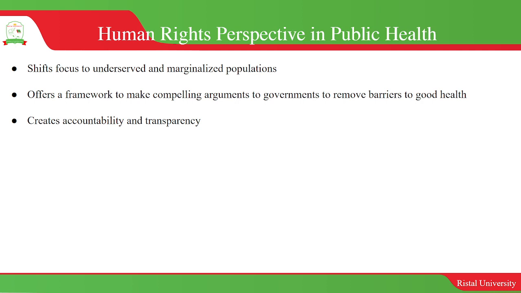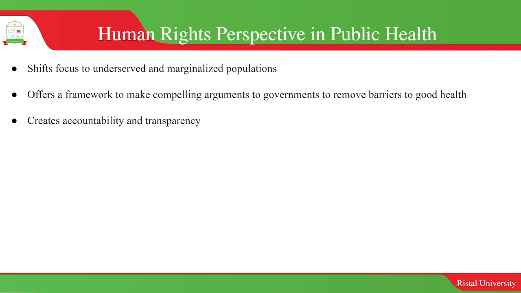We can also make sure that we look at health as a human rights issue. Using the human rights perspective, we can hold people accountable for making sure that all people have equal access to healthcare and the highest level of attainable health possible. Using this perspective, we are basically saying that regardless of my economic status, regardless of how many we are, regardless of anything, I still have the same rights like any other person.